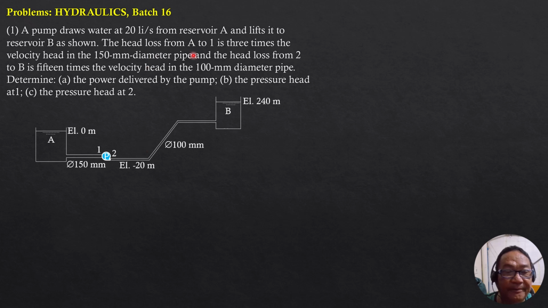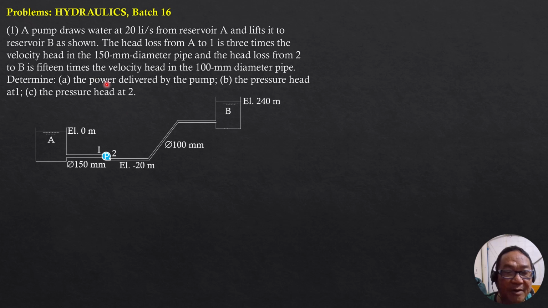The head loss from point A to 1 is 3 times the velocity head in the 150 millimeter diameter pipe, and the head loss from point 2 at the discharge side of the pump to point B, reservoir B, is 15 times the velocity head in the 100 mm diameter pipe. Determine the power delivered by the pump, the pressure head at point 1, and the pressure head at point 2.